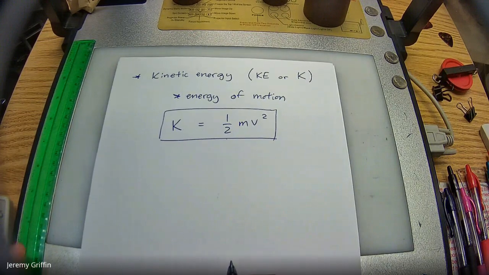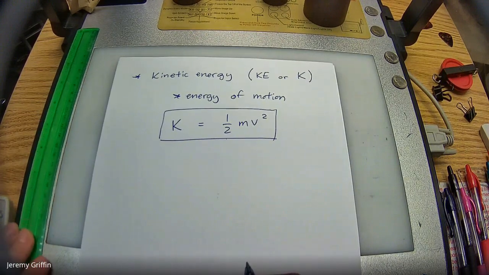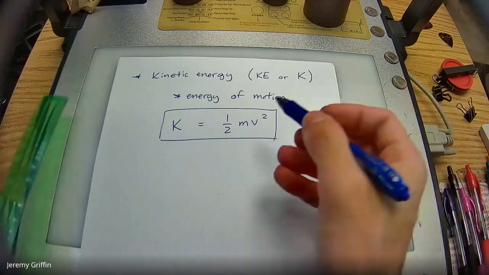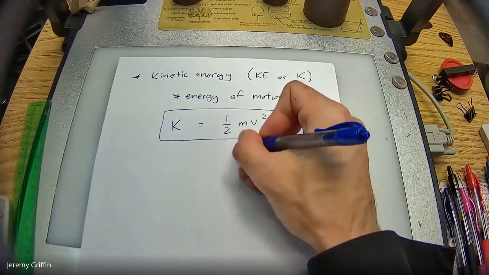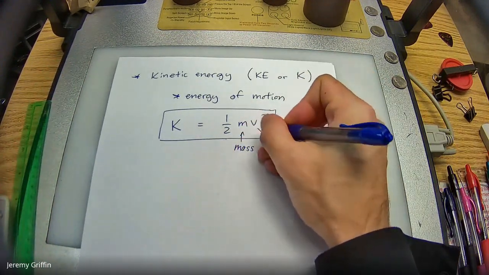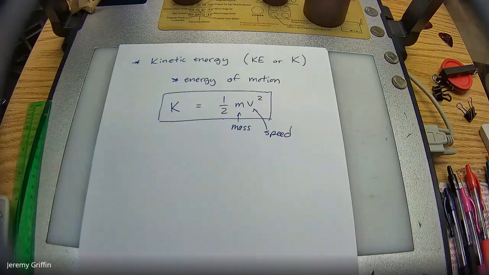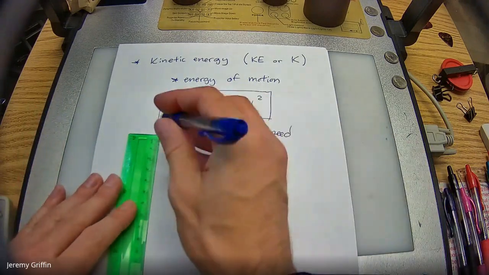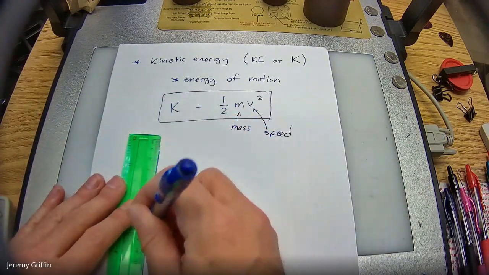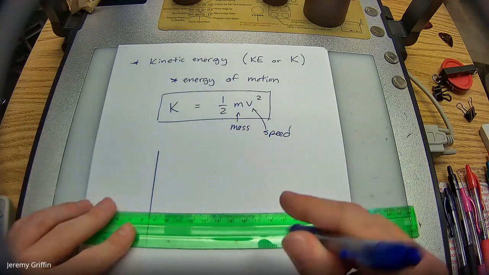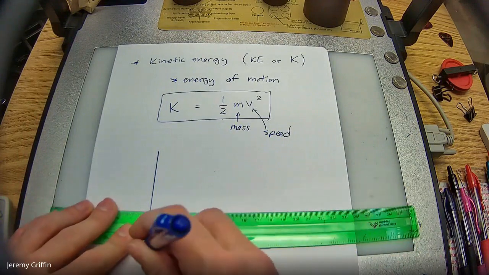Now, what's the derivation for that? Where does that come from? I'm saying 1/2 times the mass of some object times its speed squared. That's the kinetic energy. Where does that come from? Now, this one, I don't know if I have a great explanation for you, but maybe I've got two.